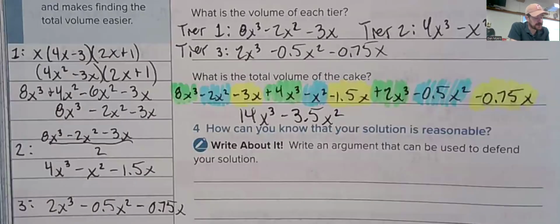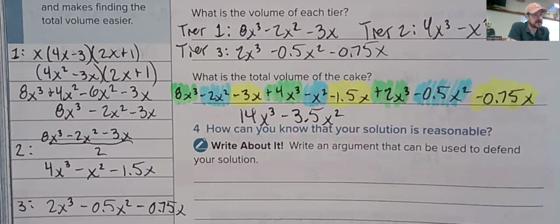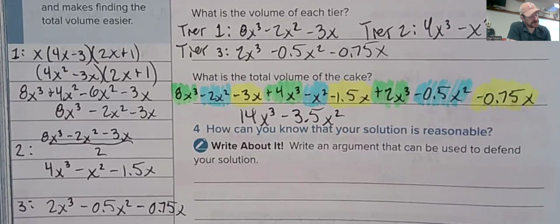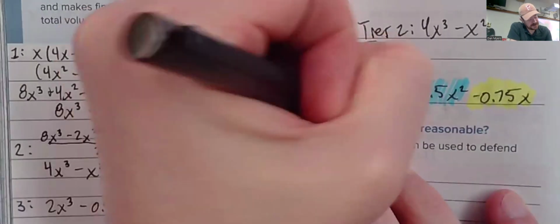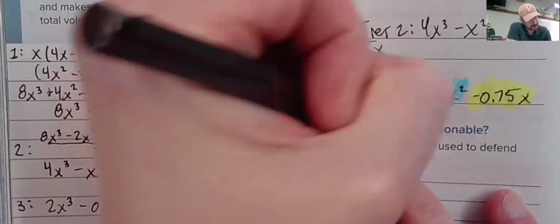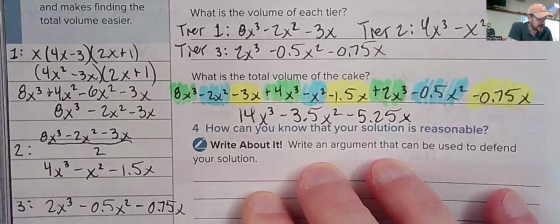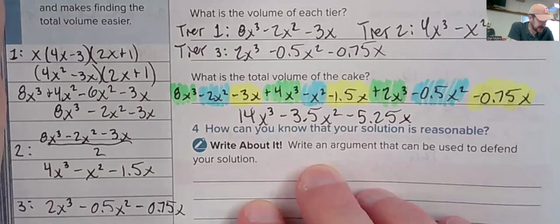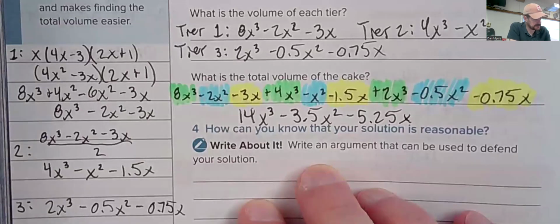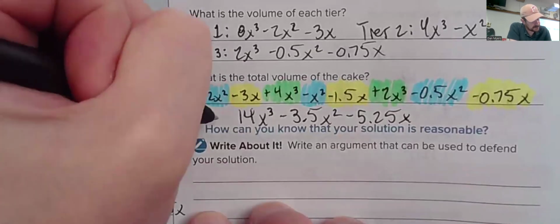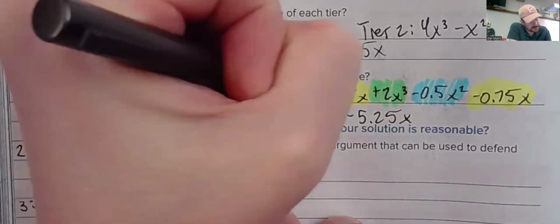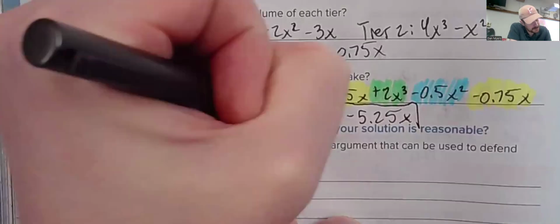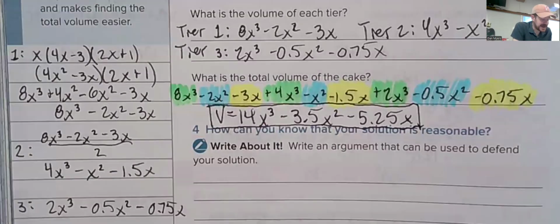Negative 3 minus 1.5 minus 0.75: negative 5.25, so minus 5.25x. Let's see. I don't see any units of measurement here, inches or anything like that. So we're just not going to say anything about units of measurement. So there's our volume. V is equal to that.